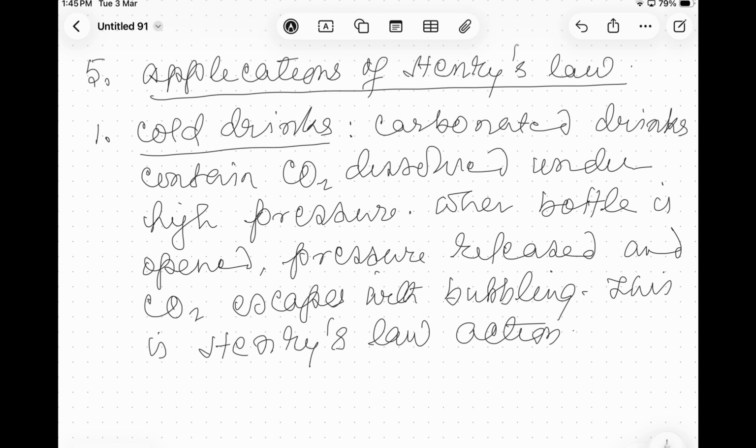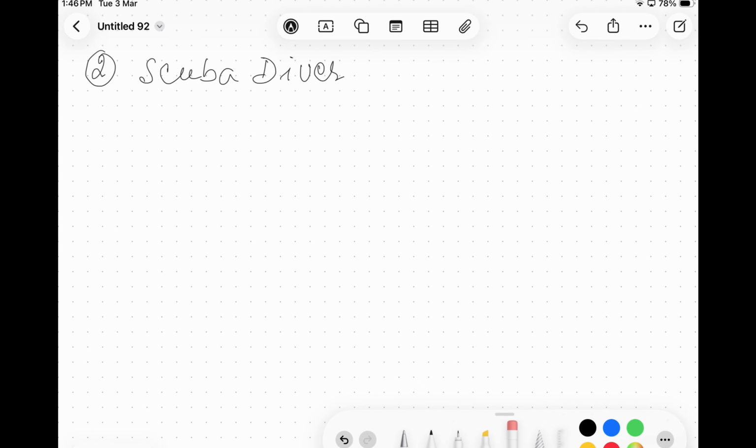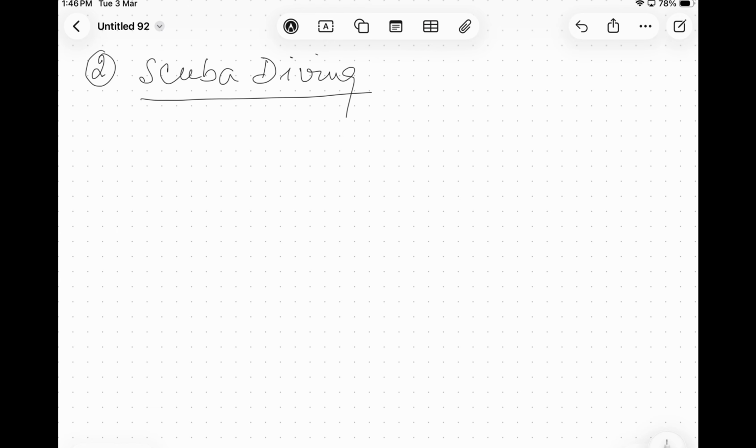Similarly, we can consider one more example. Number 2, let us consider the case of scuba divers. Scuba diving, what happens?